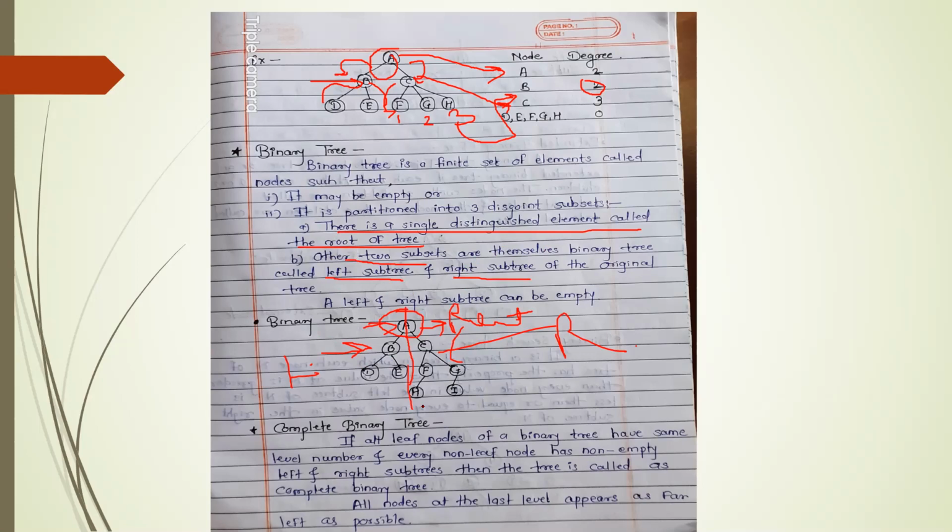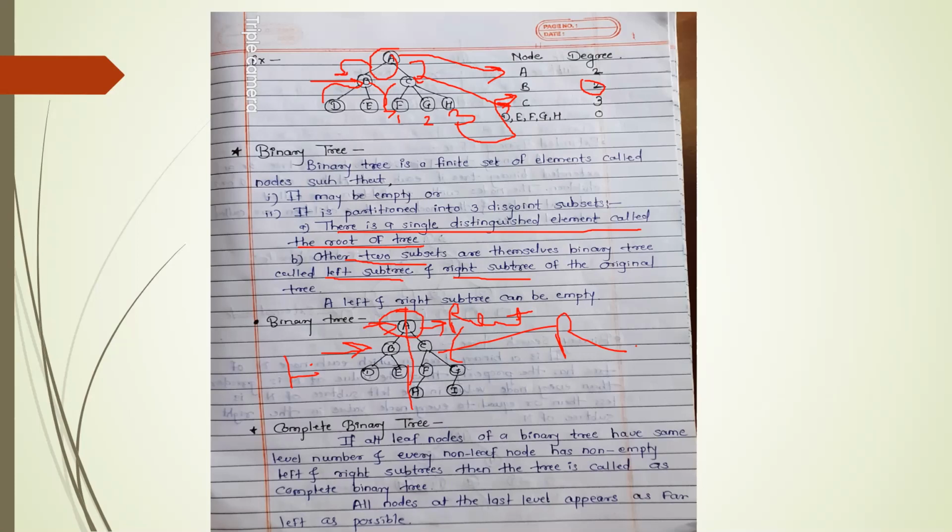Next is a complete binary tree. If all leaf nodes of a binary tree have the same level number and every non-leaf node has non-empty left and right subtrees, then the tree is called a complete binary tree. All nodes at the last level appear as far left as possible.